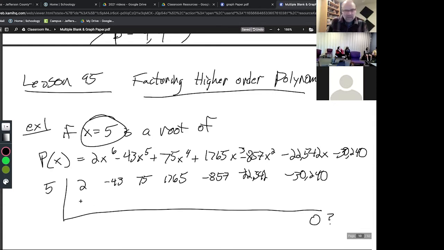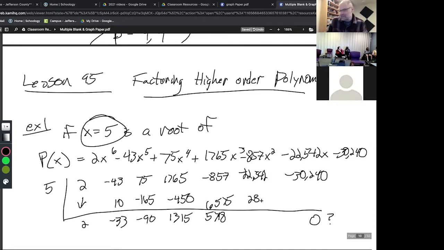So remember, first step, bring that down, then multiply, then add, multiply, add, and so on. You're thinking, no way is this going to get back down to 0. Multiply and add. And look what you get. You get 0. So yes, 5 is a root.